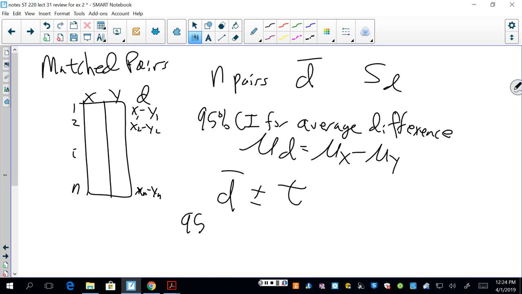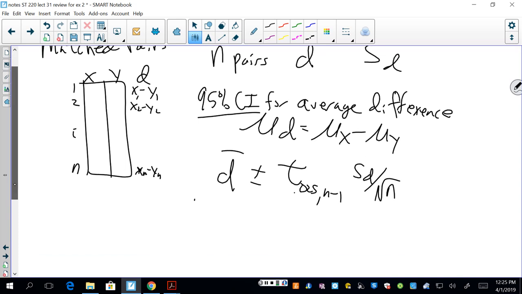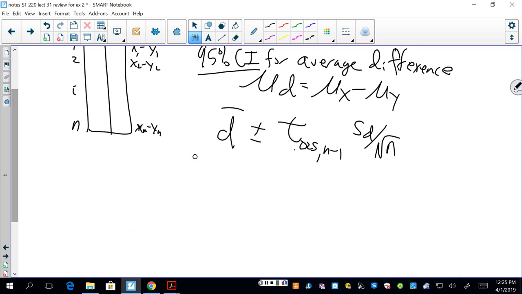95% confidence here. Right, then the 0.025 and n minus 1 degrees of freedom, and the standard deviation of that change over the square root of n. For hypothesis testing involving this, it's basically the same as that, but often the difference of interest very well could be 0, right?